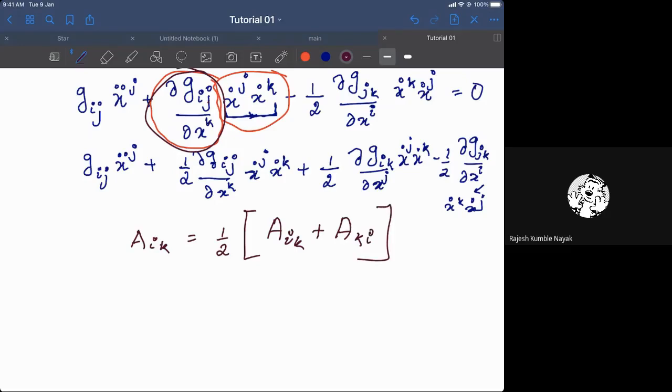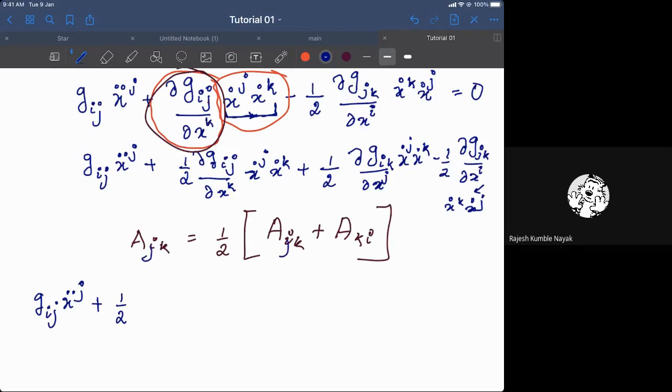The first term is Gij, that's not going to do anything. And then the second term is the first part of this symmetric term. I remains the same because we are not going to touch it.